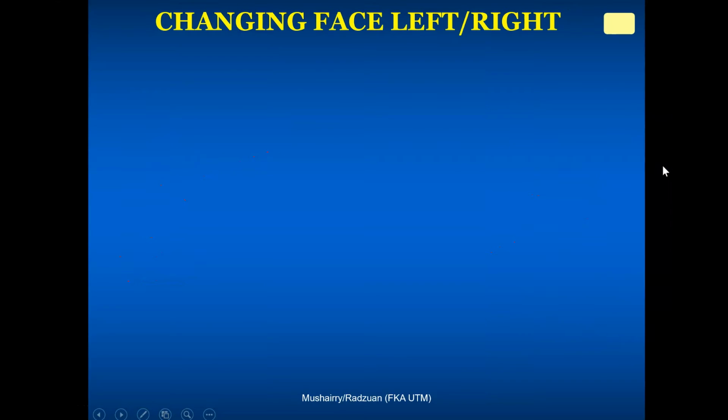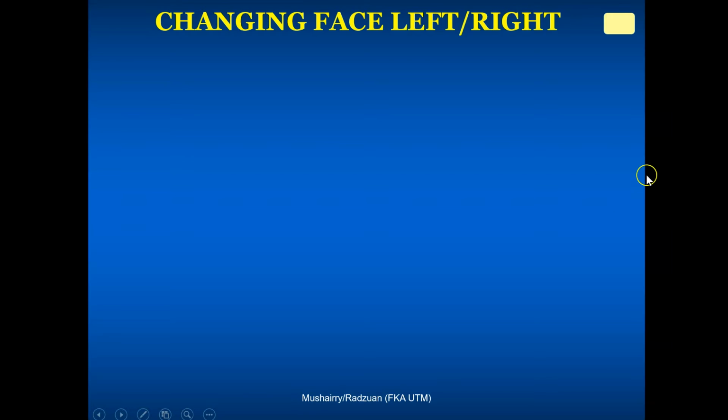Okay, let's look now at how we go about changing from face left to face right. We talk about face left, we talk about face right, we talk about observing angles in two faces. So how do we go about doing it? What does that mean?